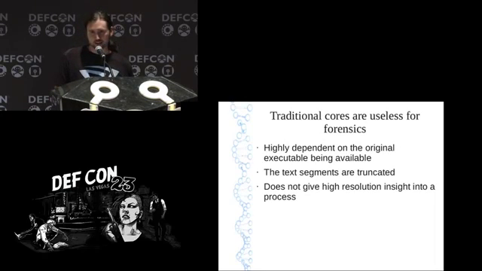The text segment of the executable and of all the shared libraries are truncated to 4K. Linus says this is to save space, and that makes a lot of sense because the text segments are still in the original files, which is fine for debugging. But as we know in forensics, many times the text segment gets marked writable and it's self-modifying and it changes. So we need to actually have the full text segment as it was reflected in memory, on disk.